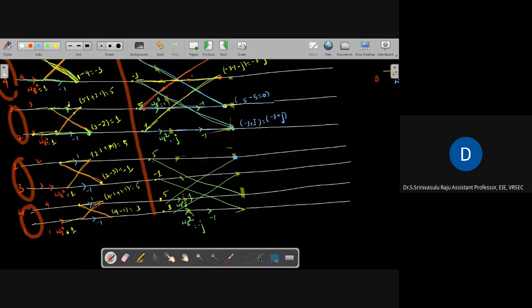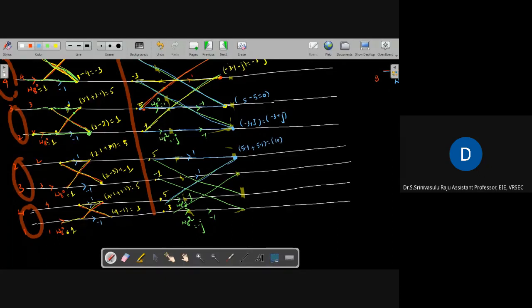First value here. So 5, here we have the multiplication 1, 1. So 5 into 1, 5 into 1, and you see this point goes and 5 into W8 of 0 plus 5 into 1. So we have here 10.